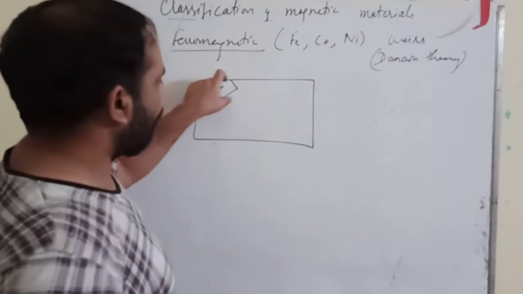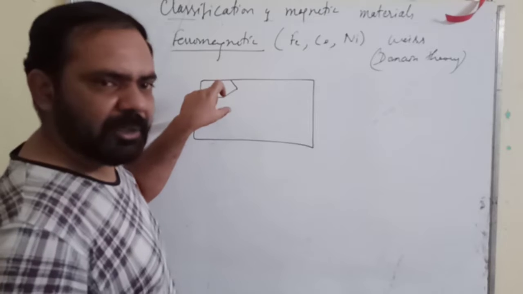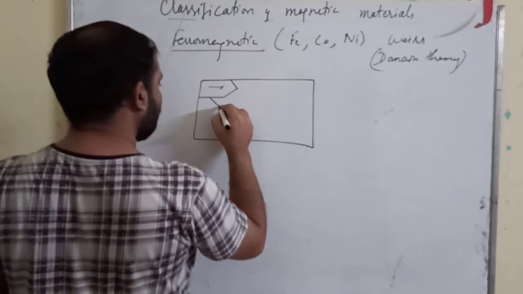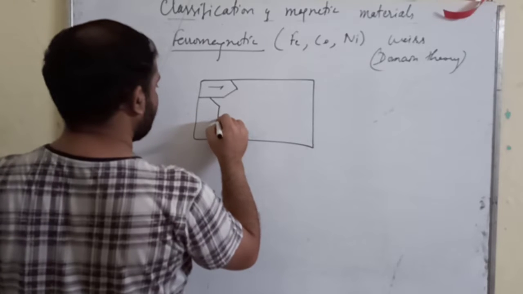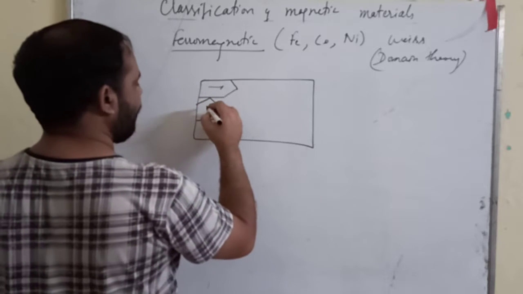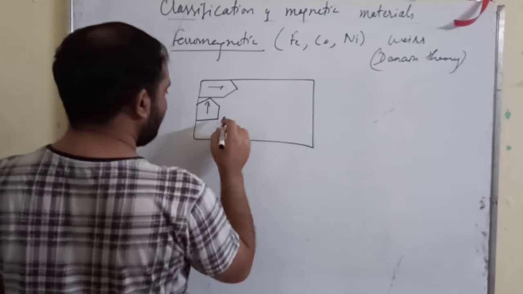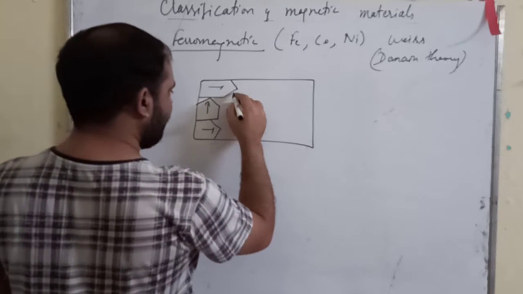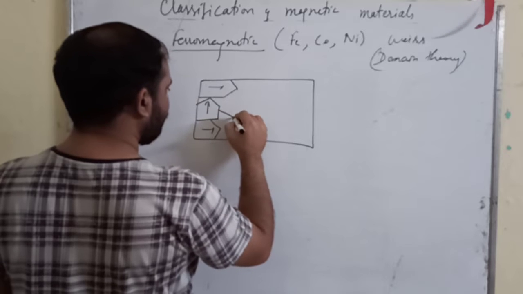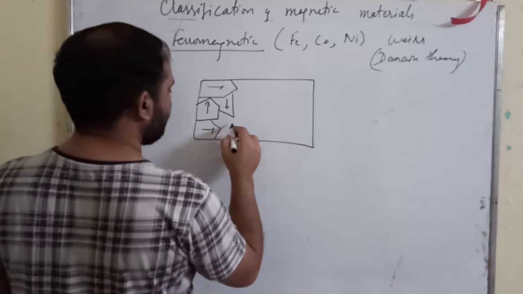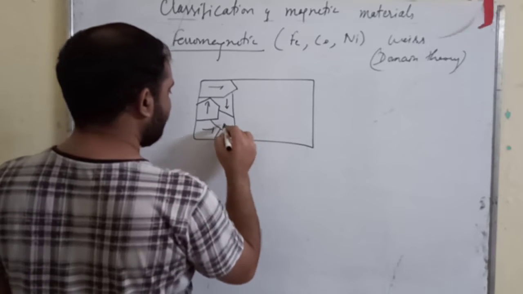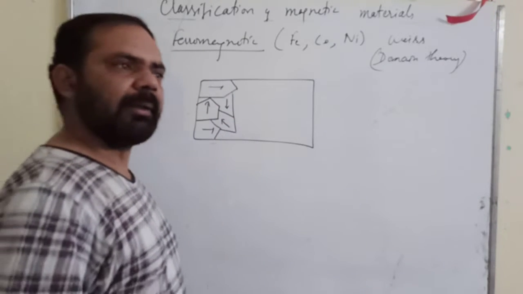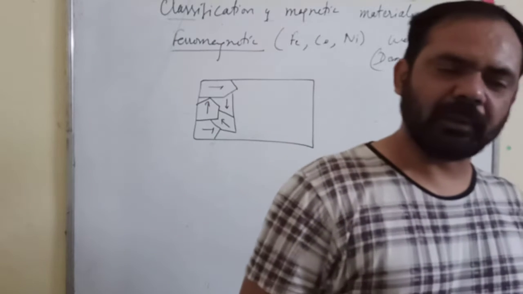But there is another group which has a different direction, like this. Then there is another group like this, and another group with this direction. So there are different groups of individual atoms.